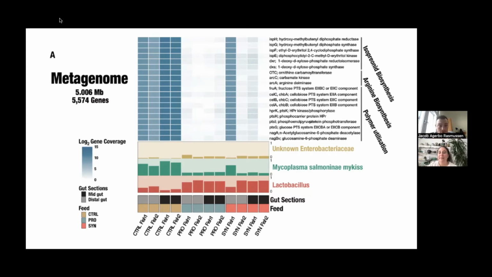So first of all, we found that the composition of bacteria might affect, at least on a genetic level, the presence of these genes, which are secondary metabolites and protein amino acid stuff, and also carbohydrate utilization, right?